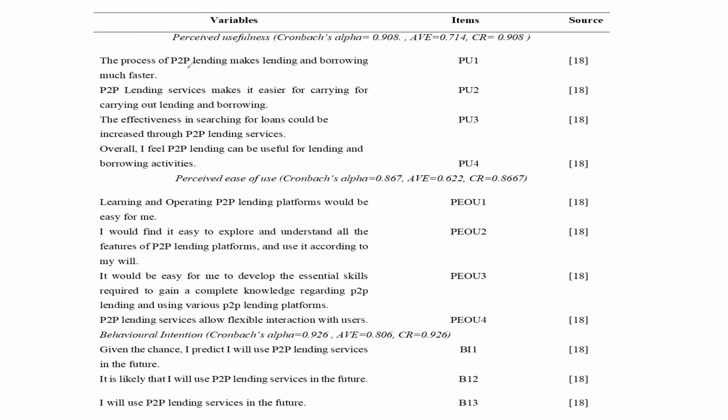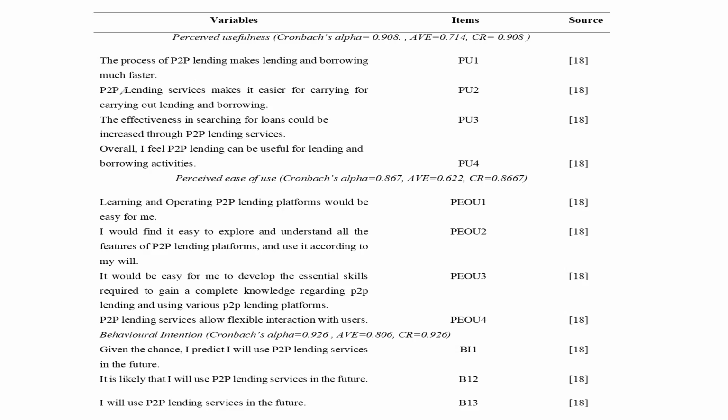P2P lending is nothing but the lending that happens between a person and a person, intermediated by a platform. The question that I asked the respondent is, the process of P2P lending makes my lending and borrowing much faster. He would answer it very likely, less likely, neither likely nor unlikely. So I would have a question measured with a 5-point Likert scale.